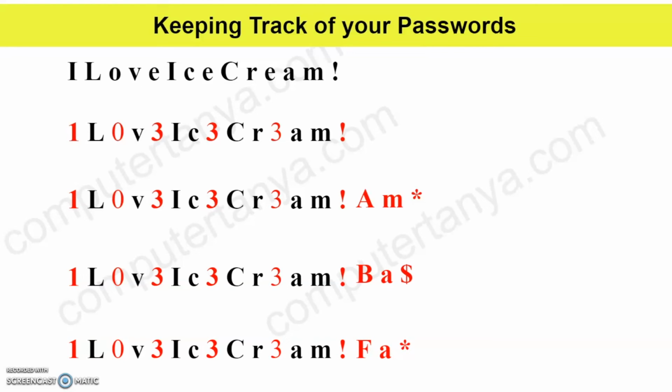So if we're going to be using Facebook, it's going to be our encrypted password, "I love ice cream," capital F, lowercase a, and an asterisk. And if you follow this system throughout your passwords, then you should be a little bit less confused as to what your password is every time you go into it.